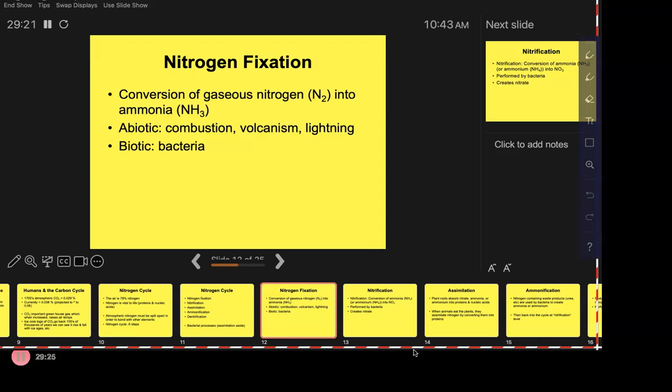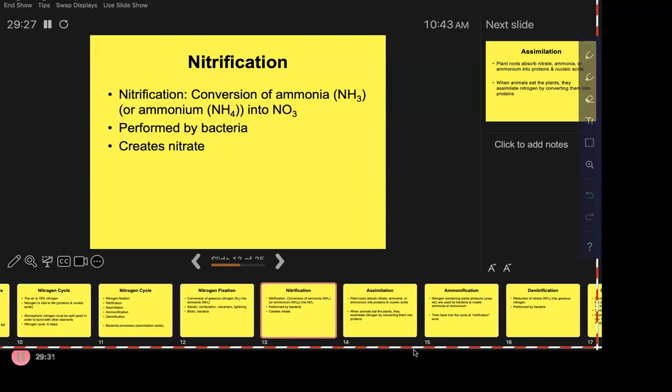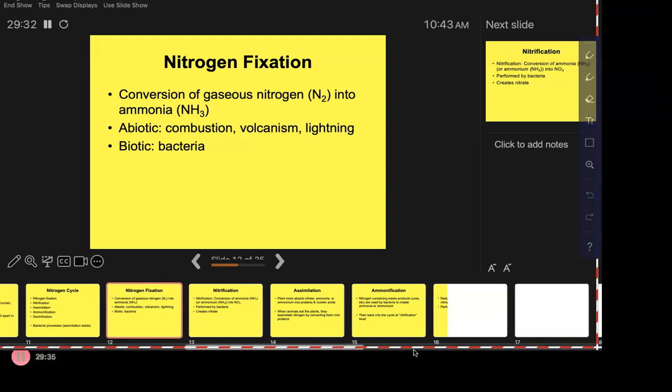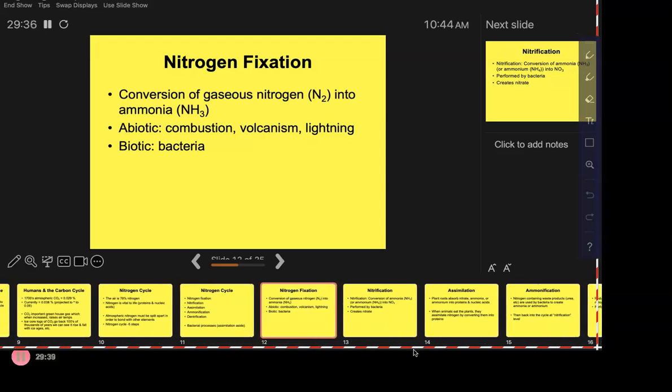So the first step is breaking that nitrogen in half and adding some hydrogens to it, turning it into ammonia, which is NH3. Three hydrogens. Plenty of hydrogen around as well, by the way.